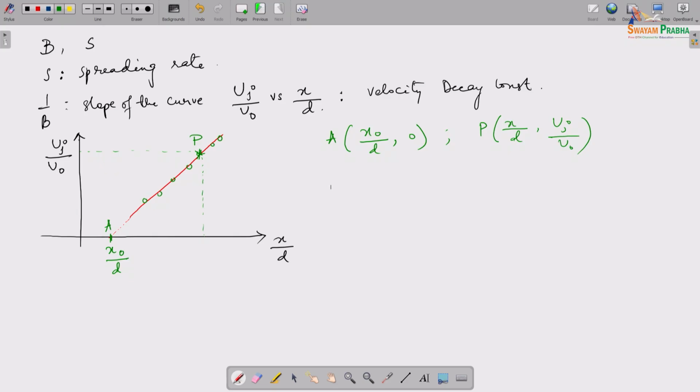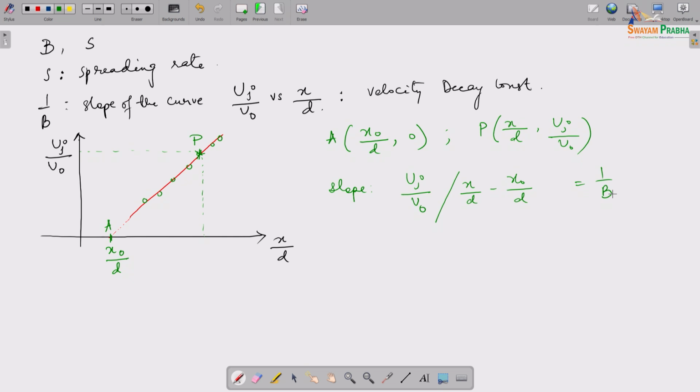Then the slope of the line is uj by u naught divided by x by d minus x naught by d, and this is denoted as 1 by B.